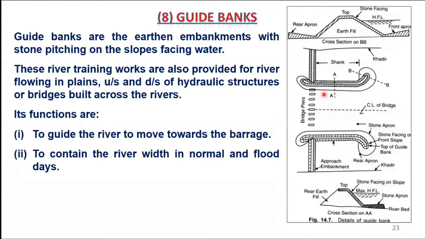Guide banks are basically earthen embankments of trapezoidal cross section, and the slope facing the water is stone pitched. So stone pitching is provided on the sloping side, which is towards the water. That is the guide bank.